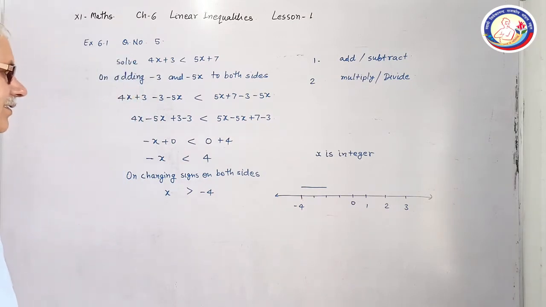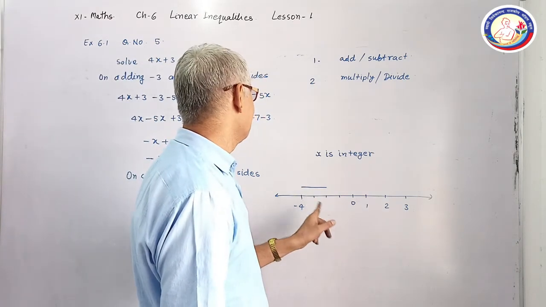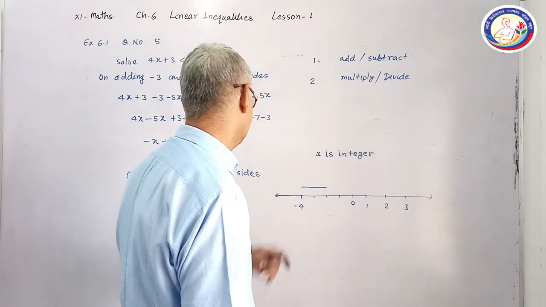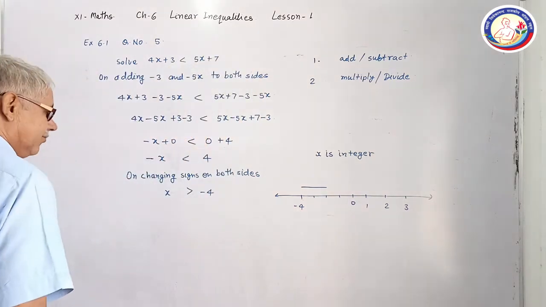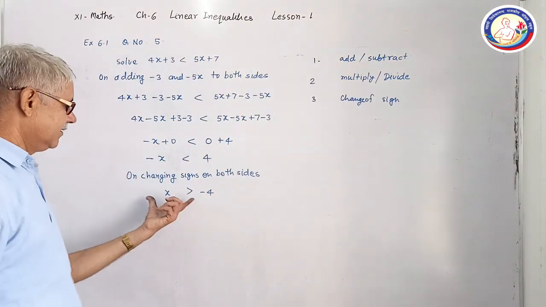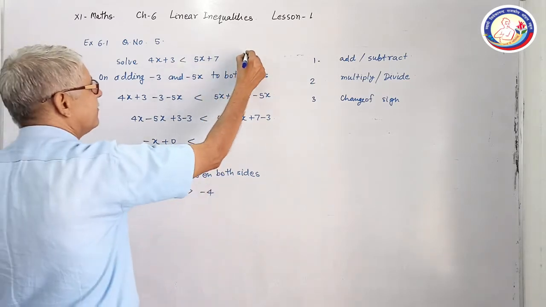And if x is a real number, then also the solution will be a real number greater than minus 4. So in this way, we can find the solution of any inequality. As given in the question, x is real.